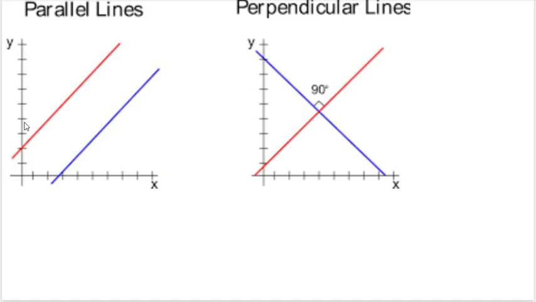Let's say for example, for the blue line, the points are (3, 0) and (9, 7). For the red line, the points are (0, 2) and (6, 9).